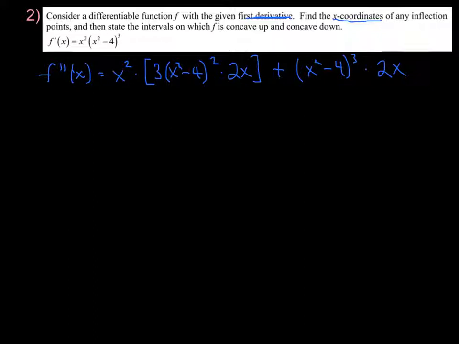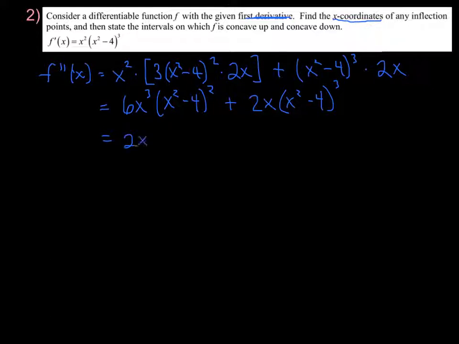All right, so if I clean this up here, I have x squared times 3 times 2x, which would be 6x cubed, times x squared minus 4 to the second, plus my 2x times x squared minus 4 to the third. Okay, so if I can take out a GCF, I should, and I definitely can take out a 2x and also x squared minus 4 to the second. So again, I was looking at this term and what's in common.